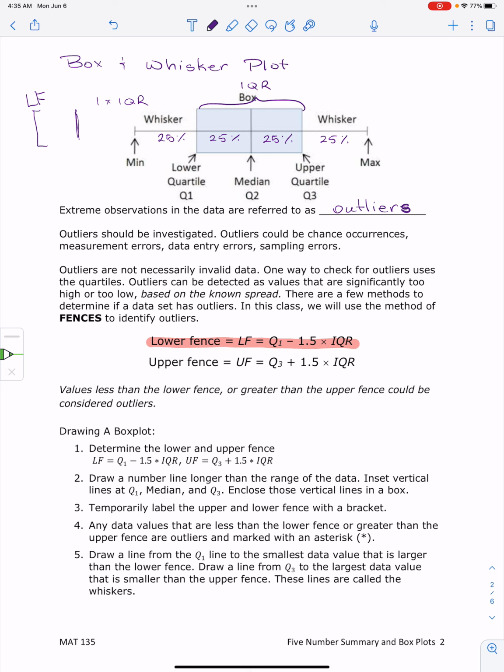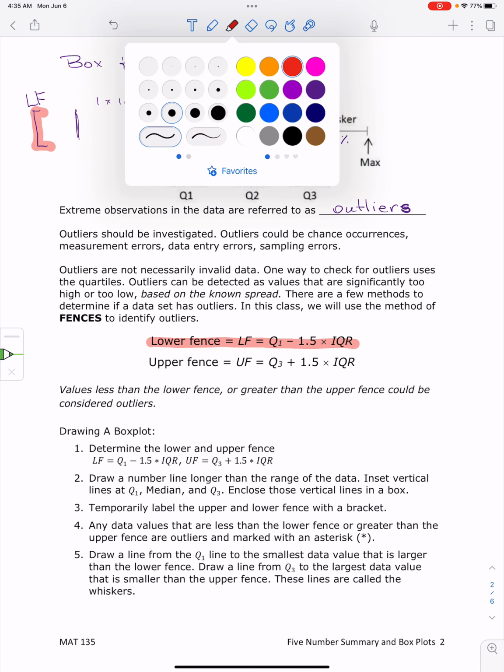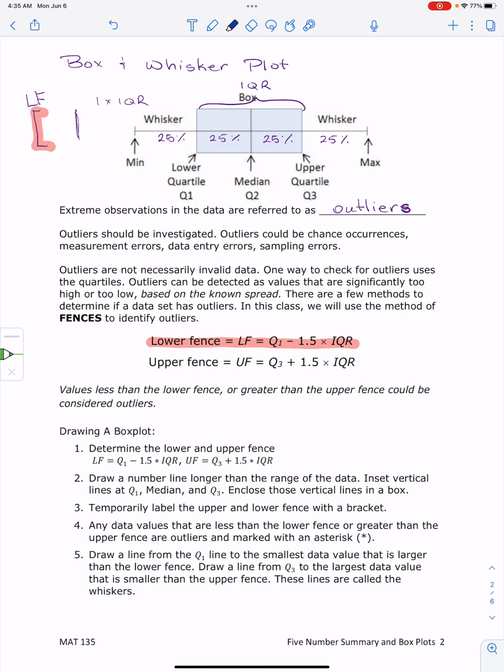We are extending out and saying, hey, anything below that lower fence we feel is not consistent with the other values that we have. We find the upper fence roughly the same way, except this time we are adding that to our upper quartile. So this was minus 1 times the interquartile range.